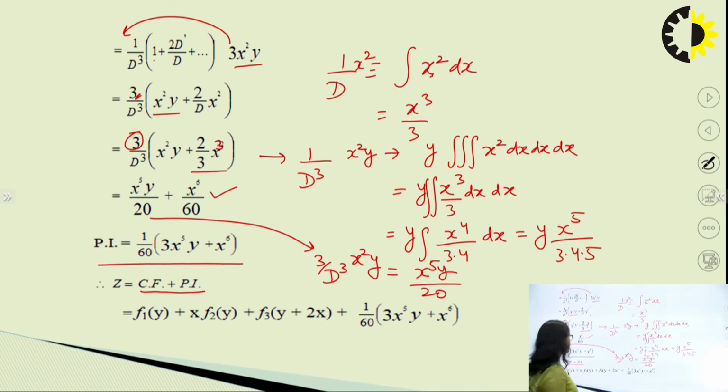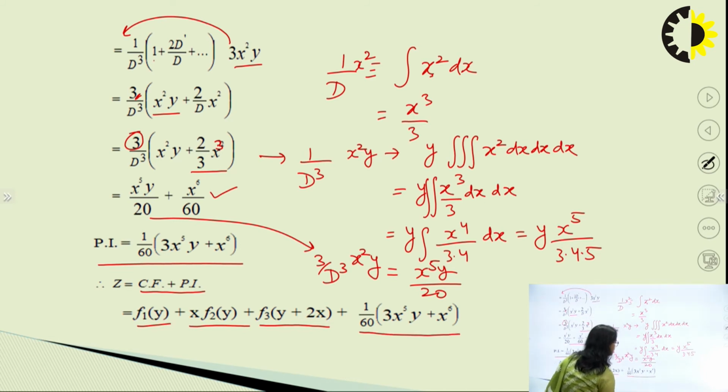So z will be a function of y plus x times a function of y plus a function of y plus 2x. This was my CF, and PI was 1 by 60 times (3x to the power 5 y plus x to the power 6). So this is the way I am solving my second case PI questions. Now proceeding to the next case.